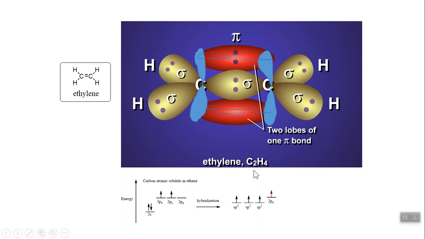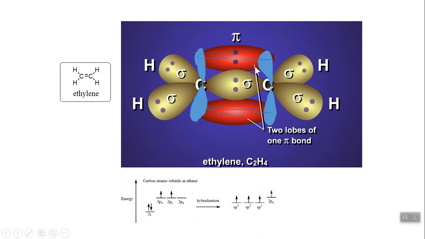The thing that's different between this one and the previous sp3 example is that this does have the 2pz orbital left over, which is what I try to show here. Each of these carbons has one, each with 1 electron in it, as you can see down here. Those 2p orbitals overlap to give you this pi bond, and it's not quite as good of an overlap as that sigma bond, so it's not as strong.